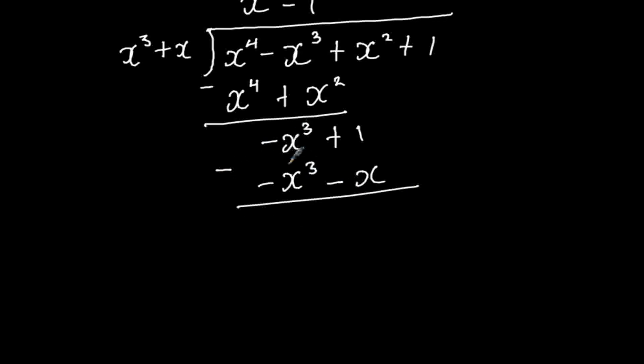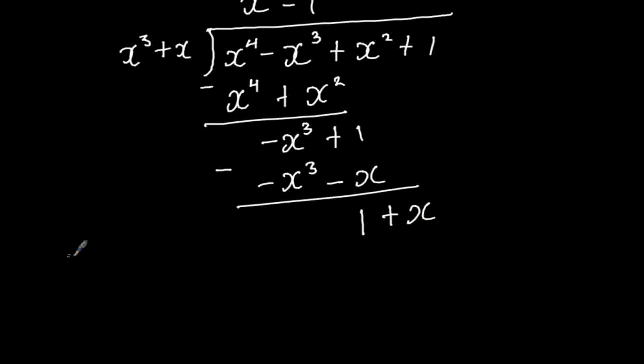Again we subtract, and this one becomes a 0. Then this one is 1 plus x. So this is what we have as the remainder.